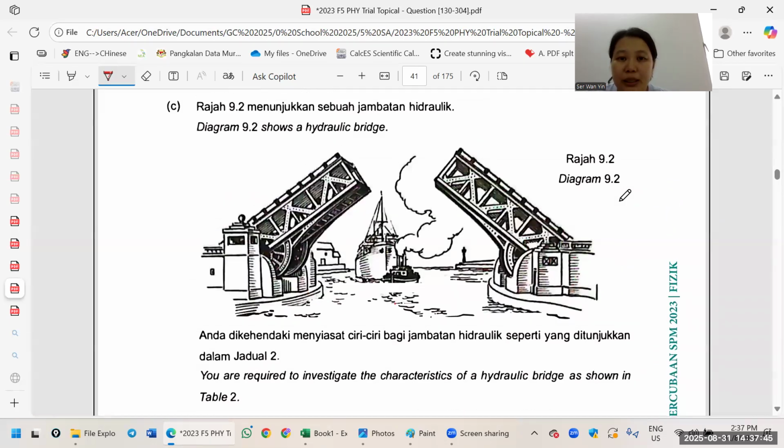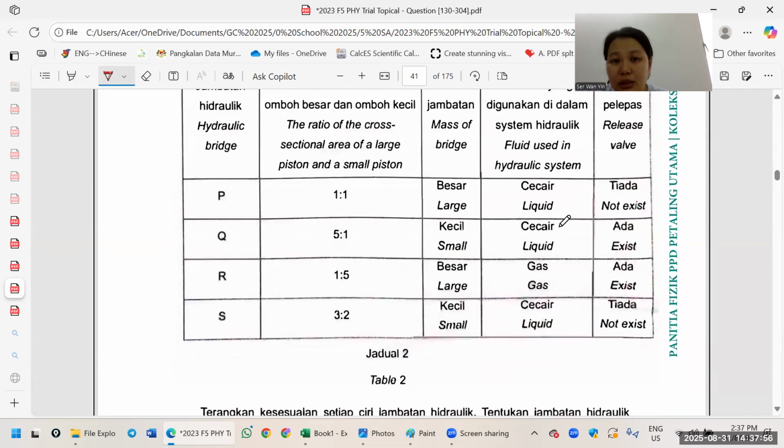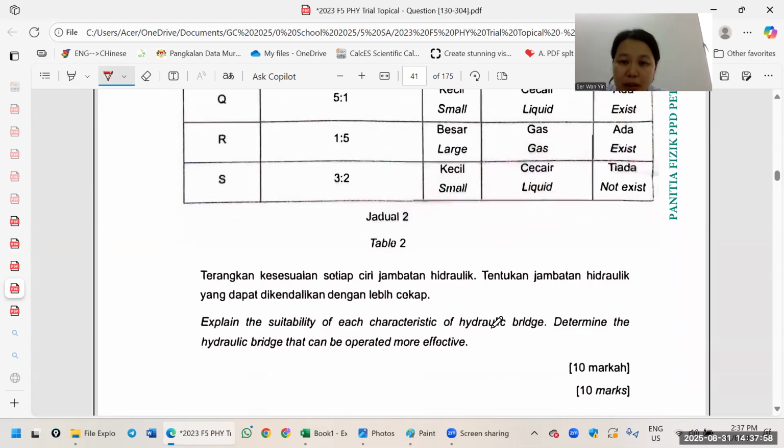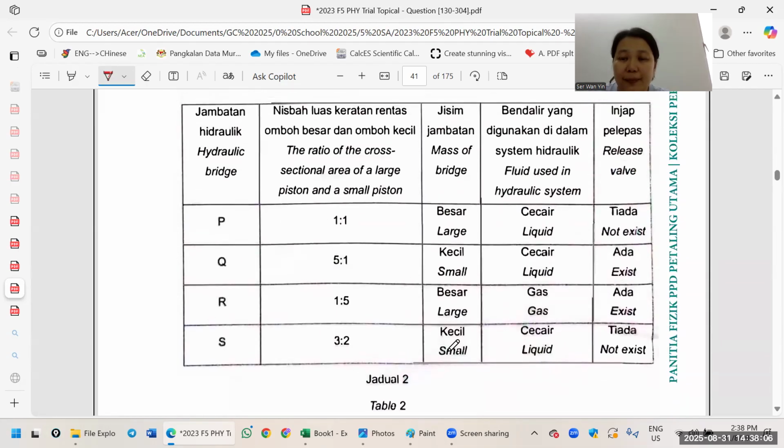We need to open it like that so that the ship can pass through. Normally, cars pass through when it's flat. Now we raise it so that the ship can pass through. The hydraulic bridge determines which one can open more, can operate more effectively. Nice, common sense. Physics sometimes benefits from just common sense.